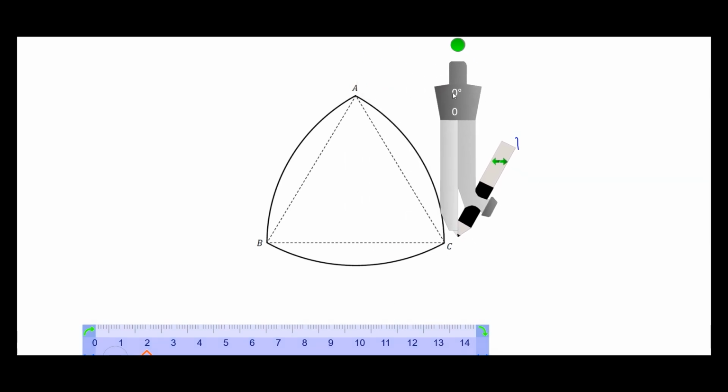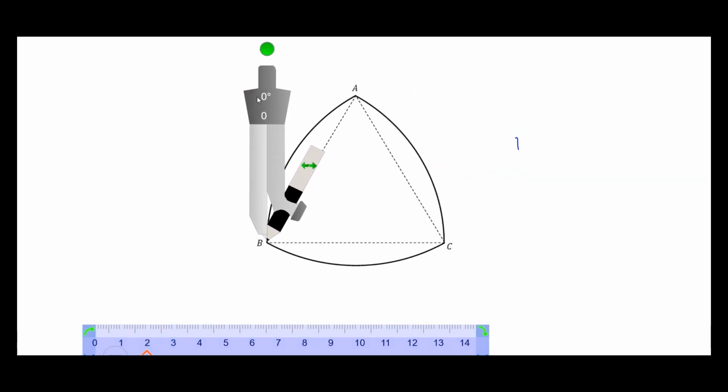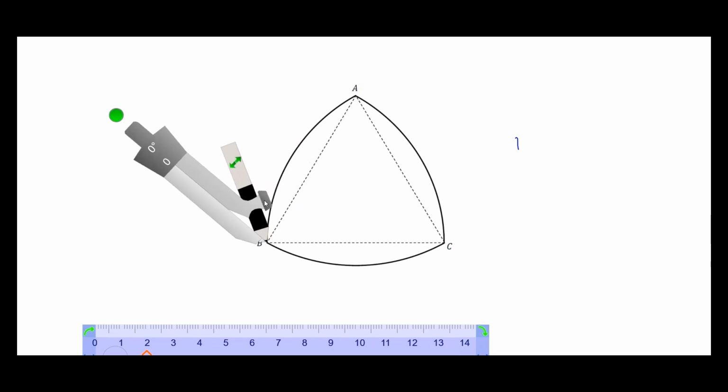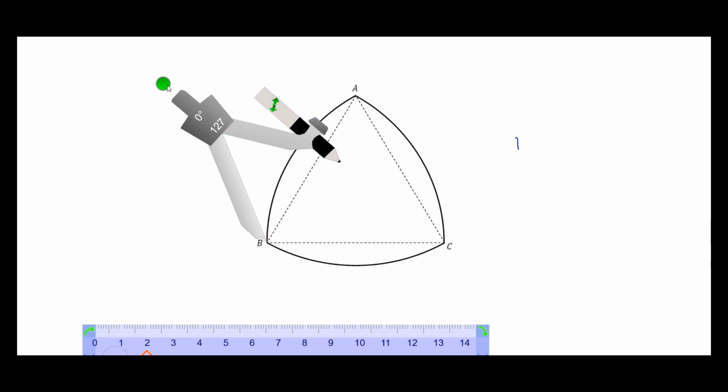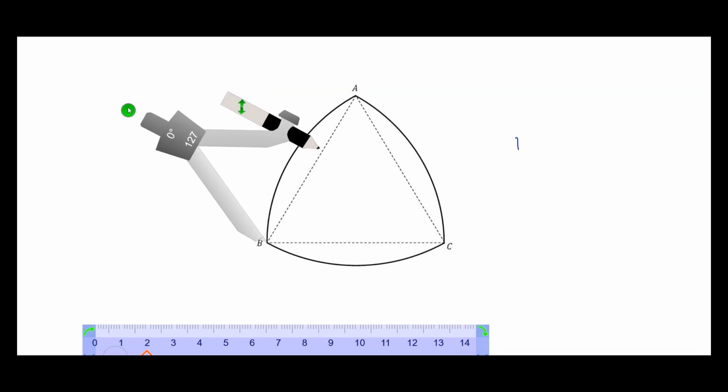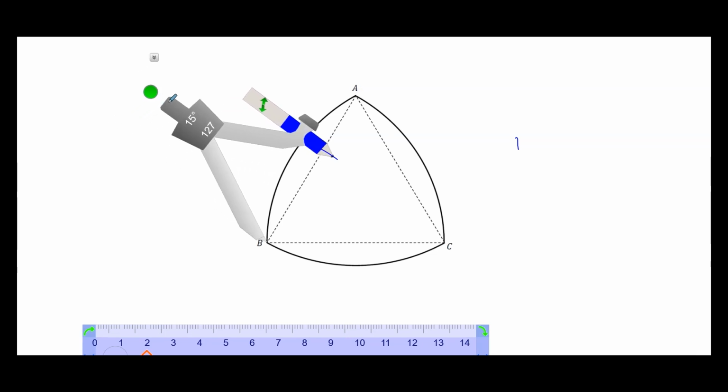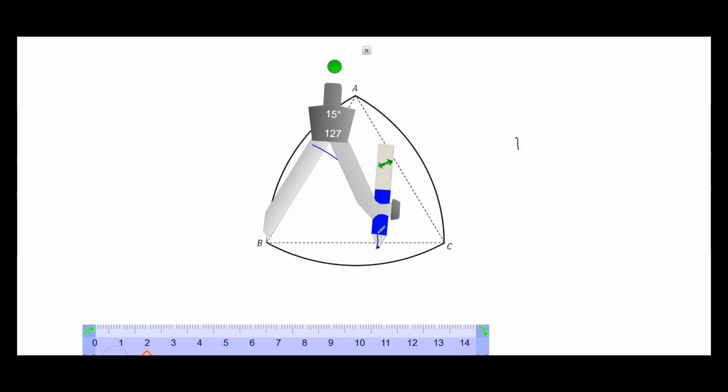Any of those angles, let's say we want to divide this angle into two. How do we do that? We take some measurement, it doesn't matter what measurement, just some measurement. We draw an arc here, and then we draw an arc on the other side of the angle.